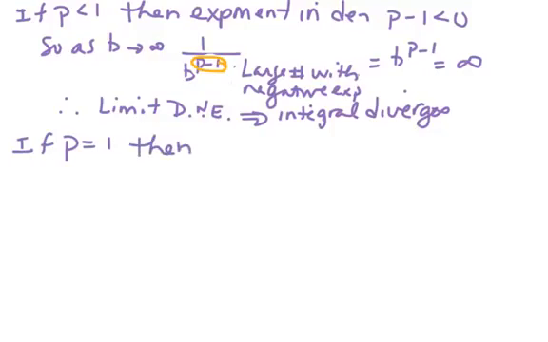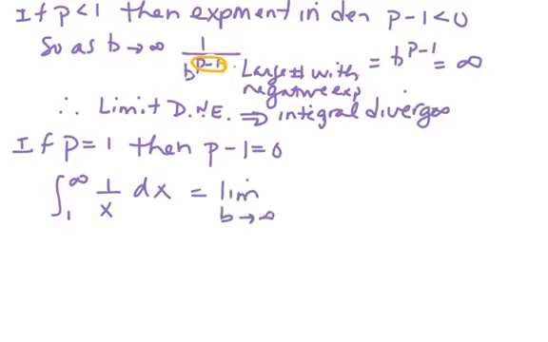Then p minus 1 is equal to 0. So the integral from 1 to infinity of 1 over x dx is equal to the limit as b goes to infinity of ln of b, right?